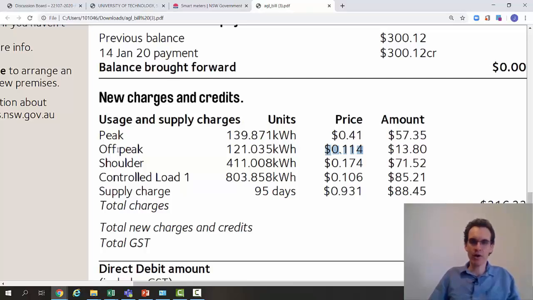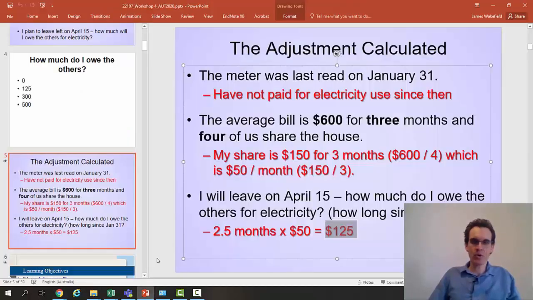And that, of course, is a lot less. And so therefore, if you are a night owl and using electricity at that time, your share of the electricity bill should be a lot less than your housemates. So you could build that into the estimate that we looked at here, and you could arrive at a different figure. Now, this, of course, is a choice, and this is one of the points that I emphasize to everyone in week 1 of the teaching session. There is choice in accounting.